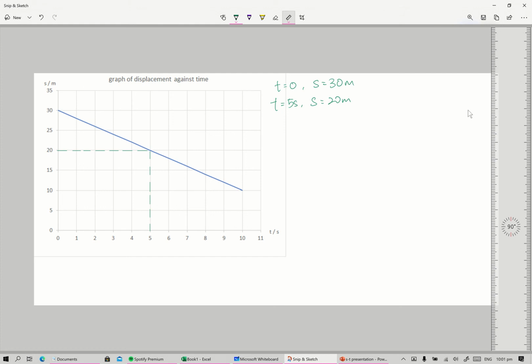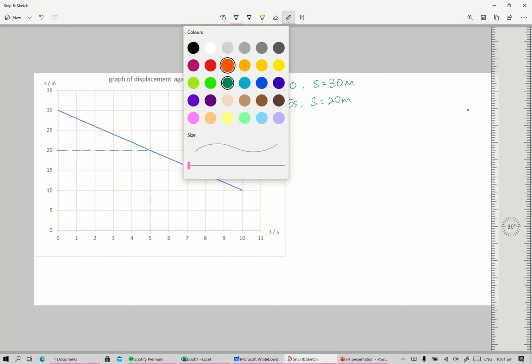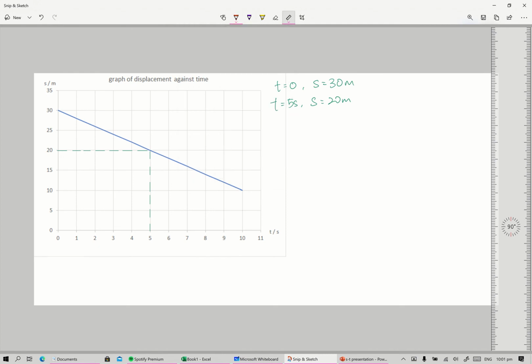Alright, now we'll try to describe the object using the displacement time graph as comprehensively as we can. So I've isolated two coordinates here. One is time at 0, and the other one is time at 5 seconds.